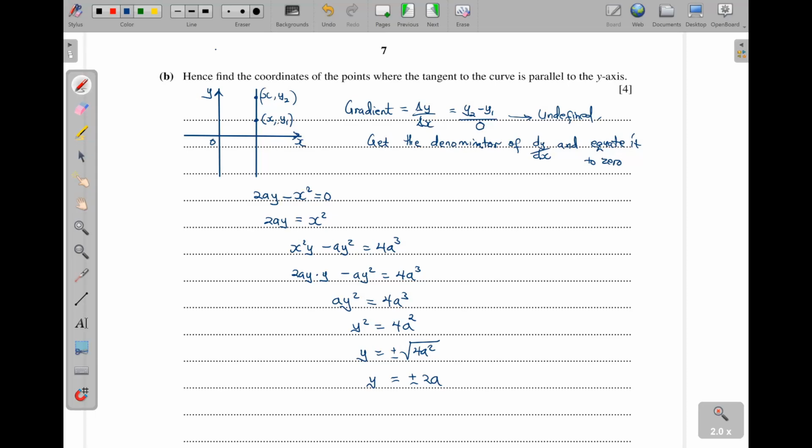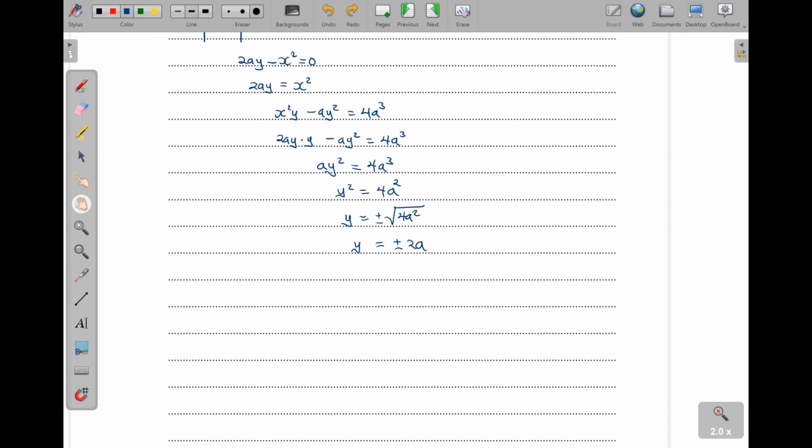And they said find the coordinates of the points. That means it is more than one point. So we have to get the x values for which y is a positive 2a and also y being a negative 2a. For y equal to positive 2a, what is x?